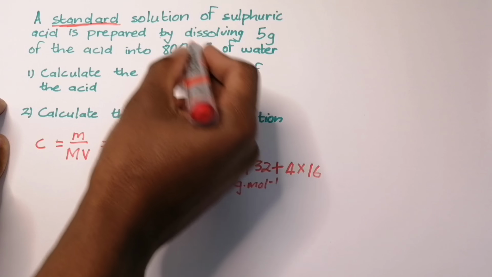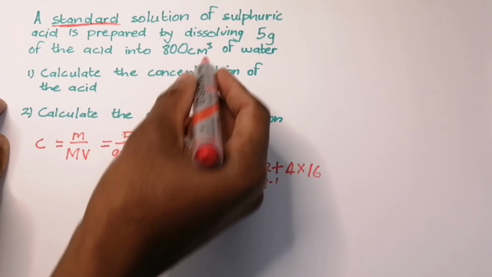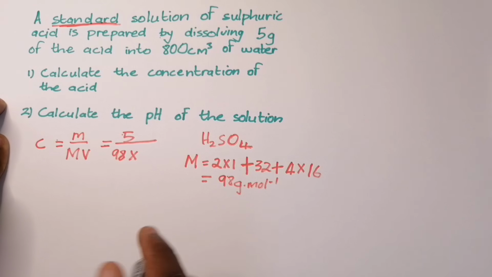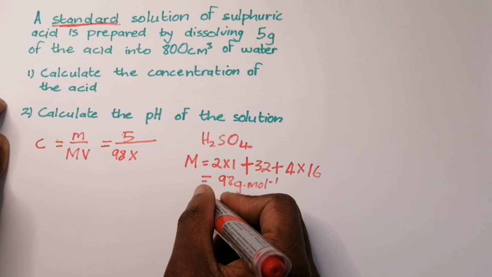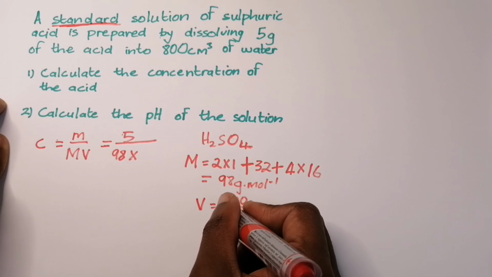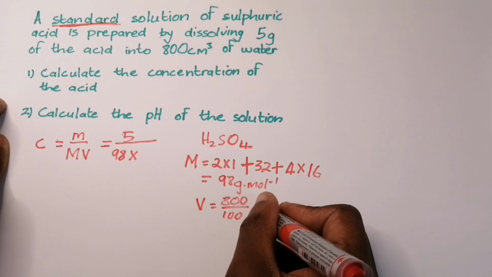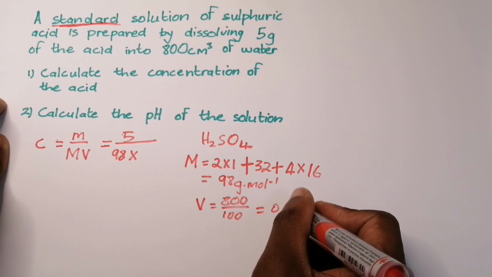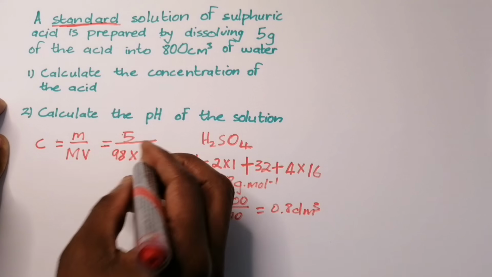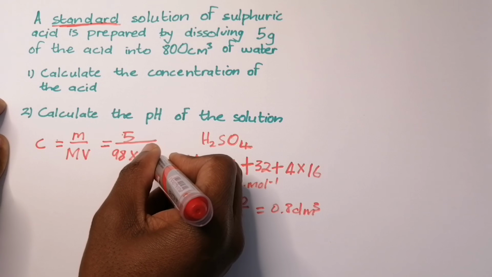So how do I convert that? When you're given cubic centimeters, you just simply divide by 1,000. Let's not overcomplicate it. So my volume will be 800 divided by 1,000, and I will get 0.8 cubic decimeters.